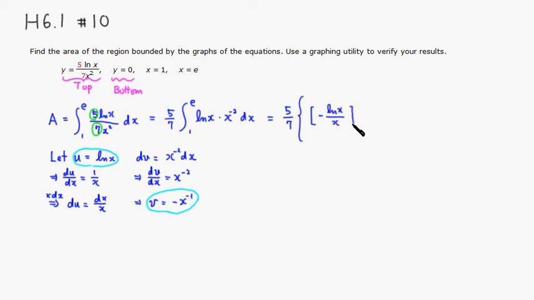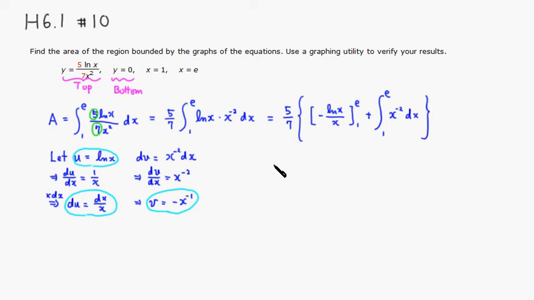This goes from 1 to e, minus the integral from 1 to e. Then we're going to multiply v and du. In this case, there's a negative sign there, so I'm going to turn it into a positive sign. This is 1 over x, and this is 1 over x, so you have x to the negative 2 power dx.